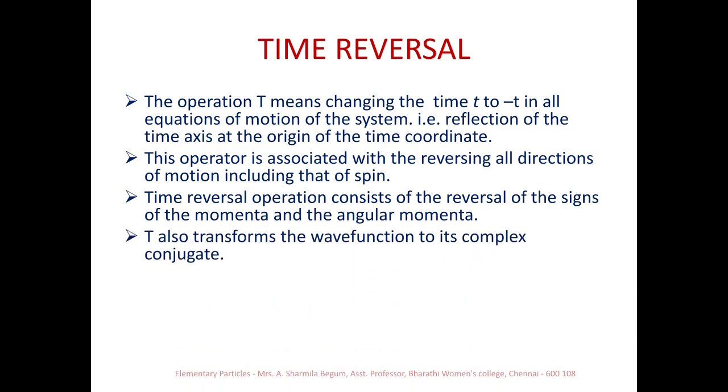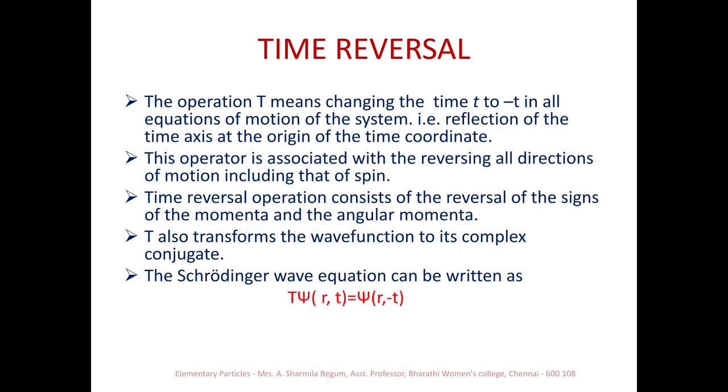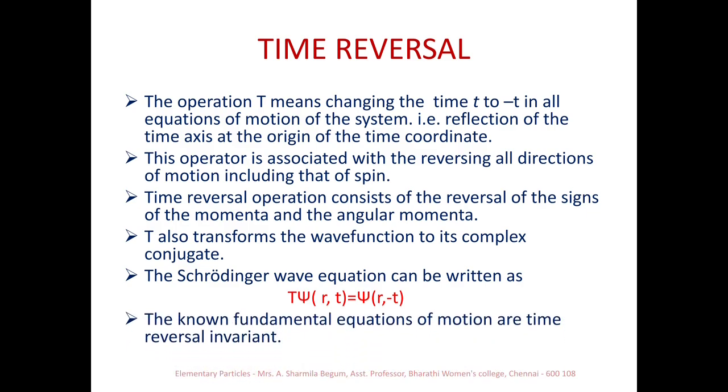T also transforms the wave function to its complex conjugate. We know in Schrodinger's wave equation, T operating on psi of (r, t) will give us psi of (r, -t). So the known fundamental equations of motion are time reversal invariant.